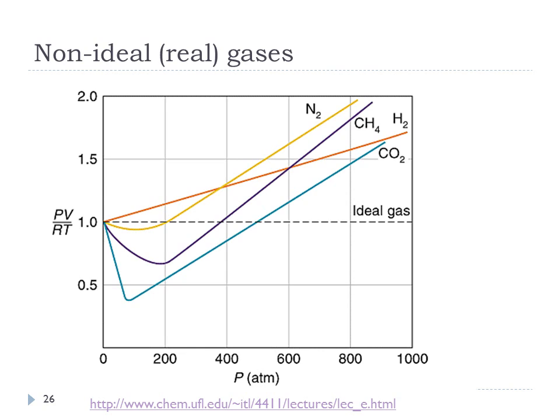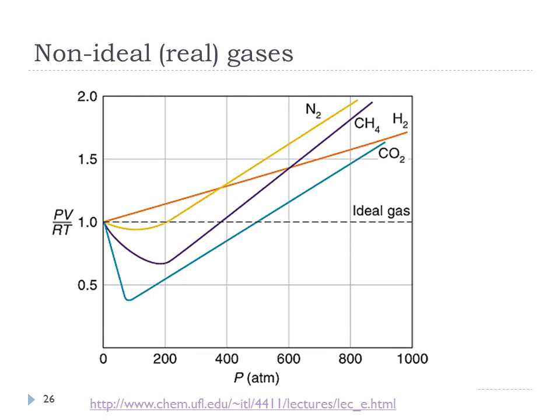In the case of hydrogen, PV over RT is always slightly greater than 1, and as you increase the pressure, it gets more and more noticeable. So what it's saying is, for any given pressure, the volume is actually greater than what you would have expected from the ideal gas law.